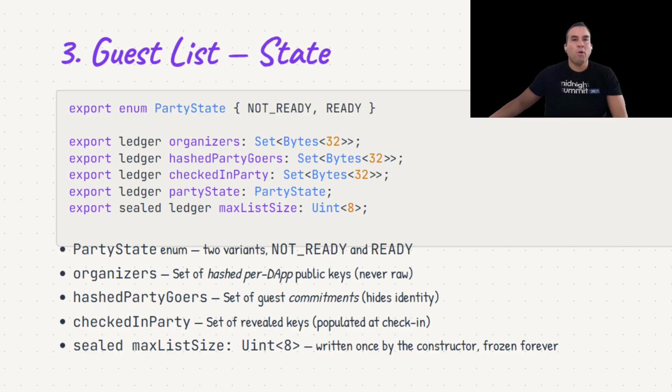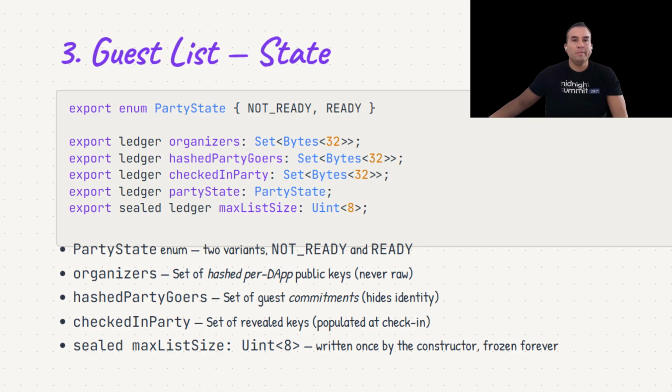Hash party goers, another set of hashes. These are the guest commitments, the envelopes. Check in party, a set that fills in over time. When someone actually arrives, the real plain text identity gets dropped in here. Party states, one cell holding the current phase, start at not ready.